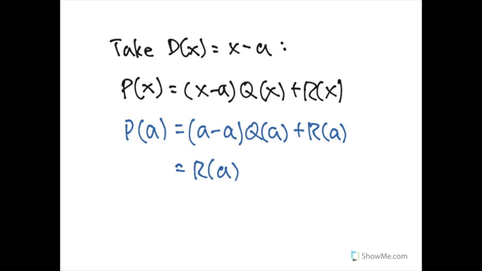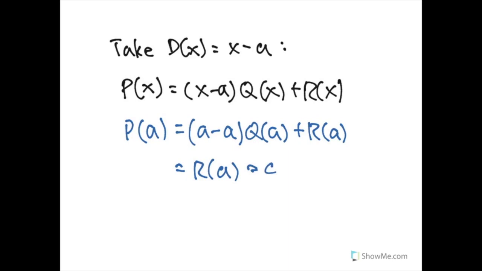And take note that with the restriction on what r of a can be, the restriction on its degree, since the degree of d of x is 1, with the x here, the degree of r is limited to being 0. Therefore, r of a is a constant. We can write this as c.